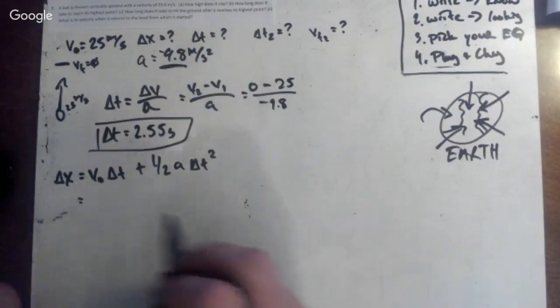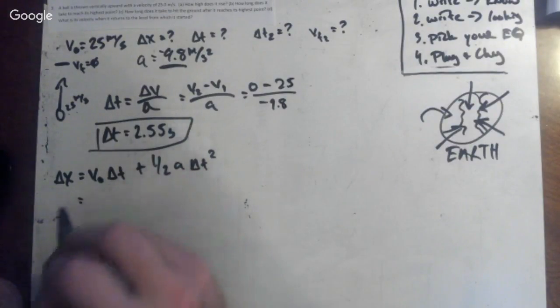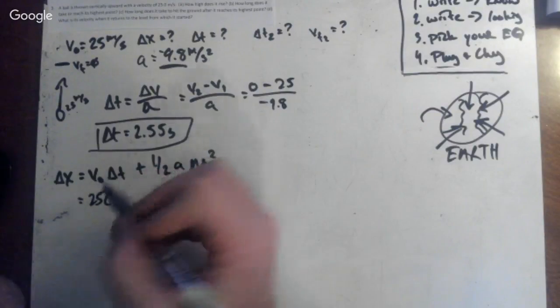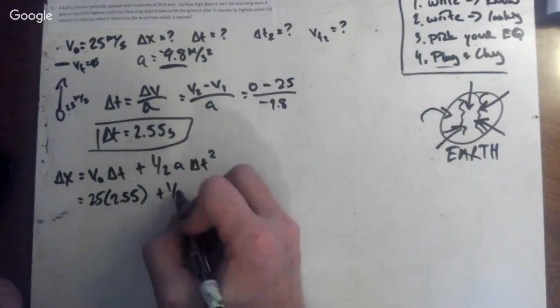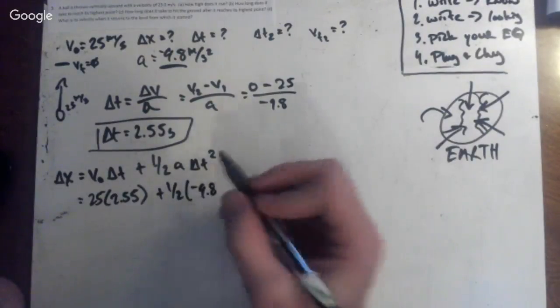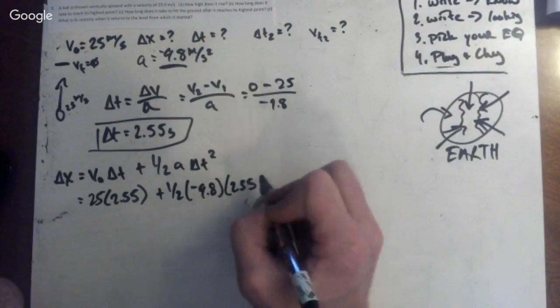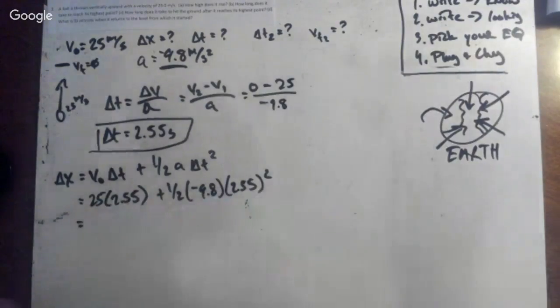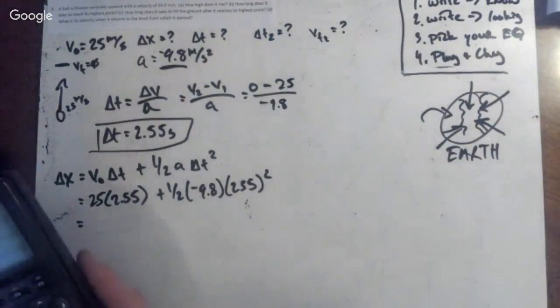Okay, so v0 multiplied by delta t. So that's 25 times 2.55 plus 1/2 times negative 9.8 times 2.55 squared.